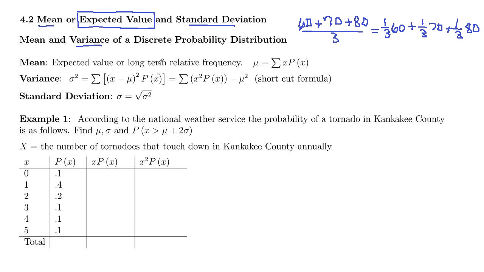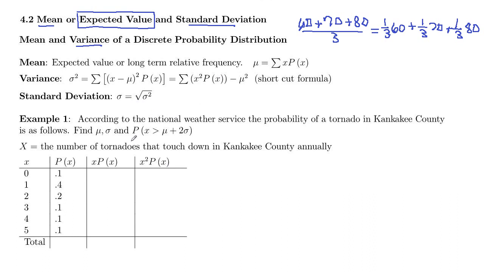So this is the average of the squared deviations. That's exactly what we did when we were examining regular data rather than a random variable. And then a shortcut formula is if you sum up x squared times the probability and subtract the mean squared, that'll give you the variance. And then your standard deviation, you just take the square root. That's similar to what we did with regular data.